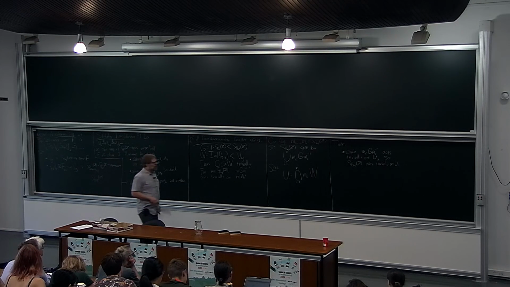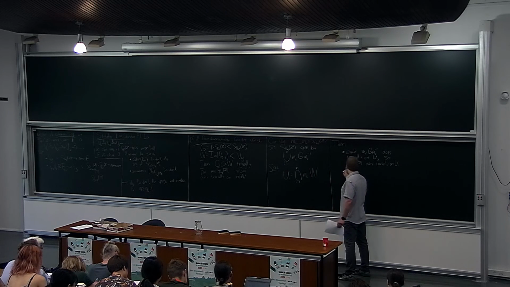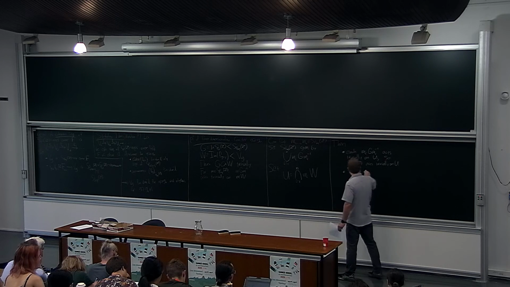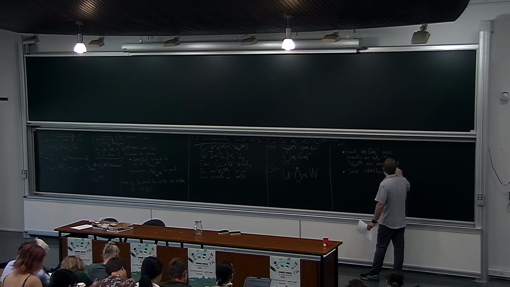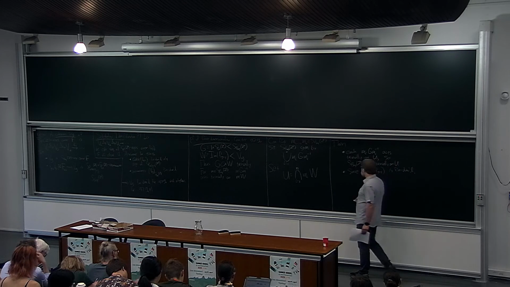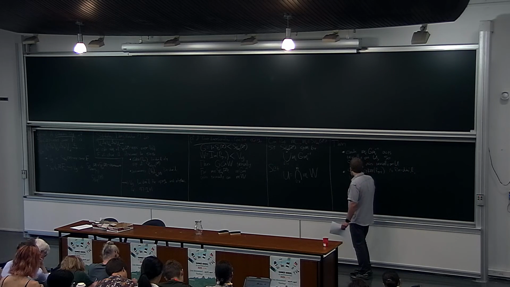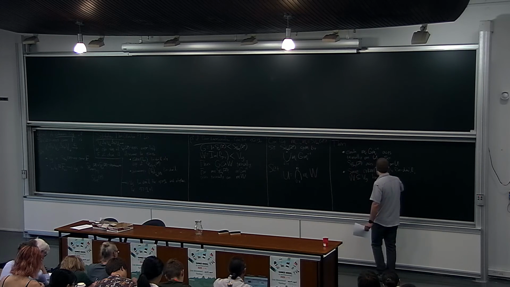But we also know something else. Since the cokernel of f_g minus 1 is finite dimensional, W inside V_g has finite codimension, right?